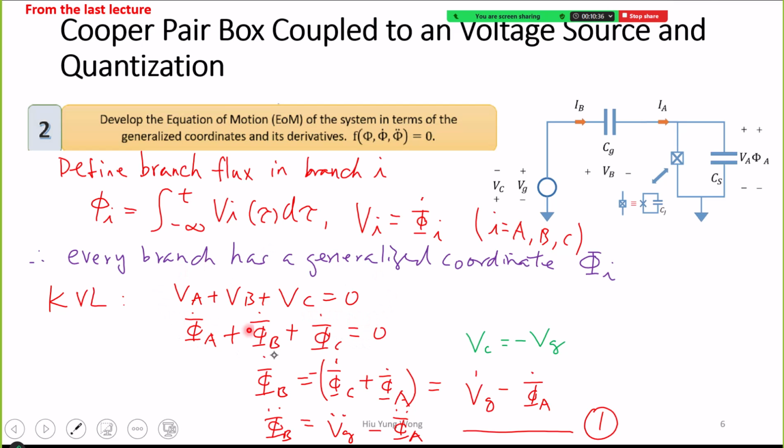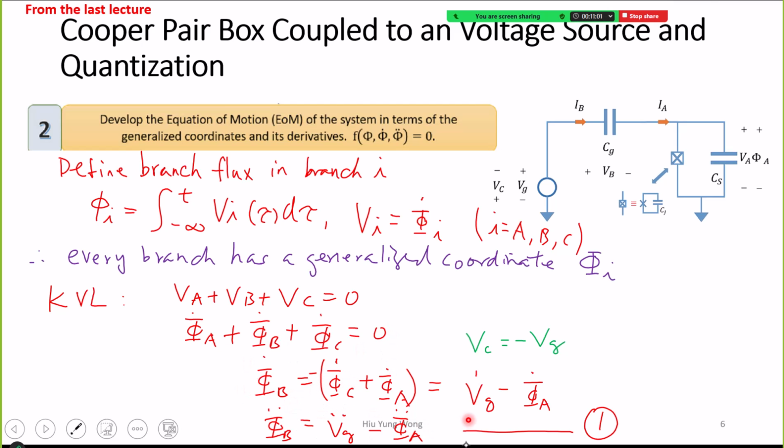Anyone who has taken elementary circuits knows how to write down this equation. But the good thing is now we already defined this flux, so I can write them in terms of the generalized coordinate. We don't want to talk about voltage, right? This is a classical thing. So we put this in here: psi A dot plus psi B dot plus psi C dot equals 0.